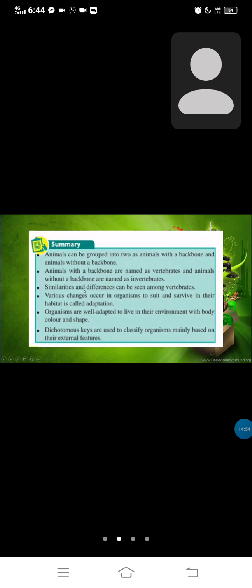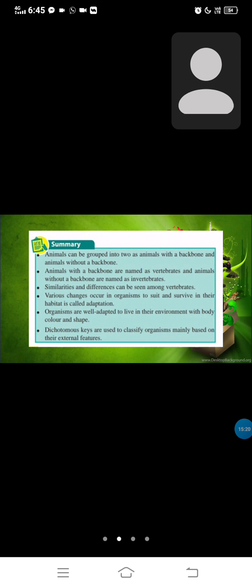Okay, now we are going to move to the summary of today's lesson. Animals can be grouped into two: animals with a backbone and animals without a backbone. Animals with a backbone are named vertebrates and animals without a backbone are named invertebrates.